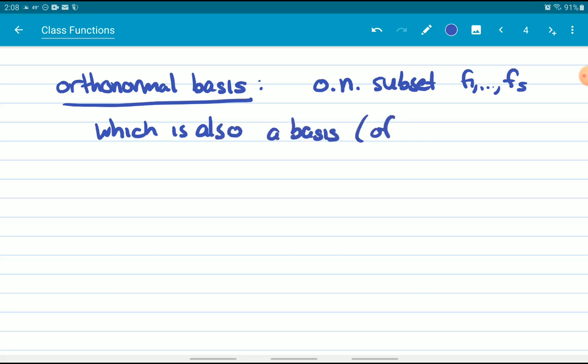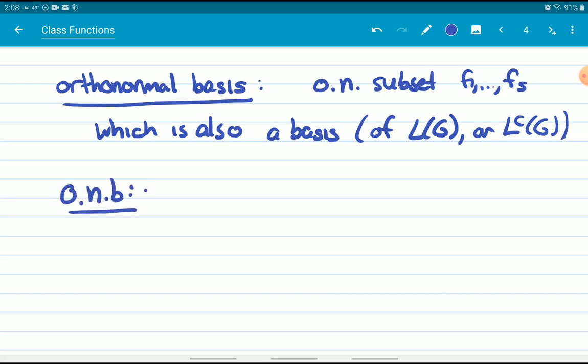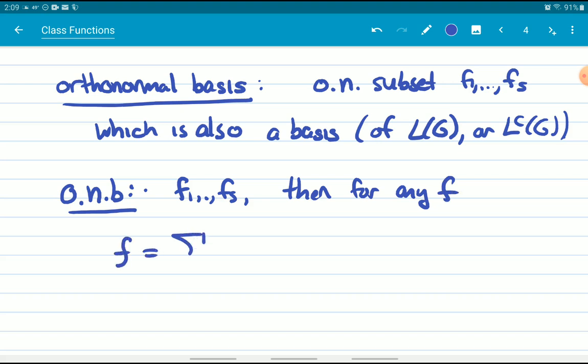And we could apply this to L of G, or perhaps just the subspace of class functions. Notice, if I have an orthonormal basis, let's call it f1 through fs, then for any f in the space, we have the formula: f is the sum of f paired with fk times fk, as k runs from 1 to s. This gives an explicit formula for writing f in terms of the orthonormal basis.